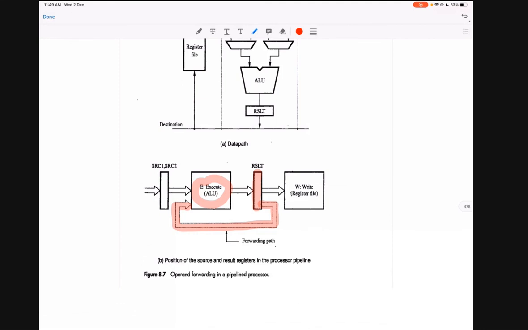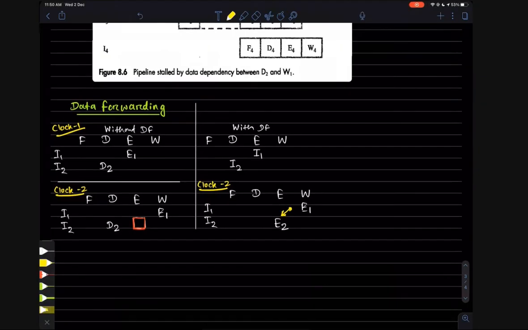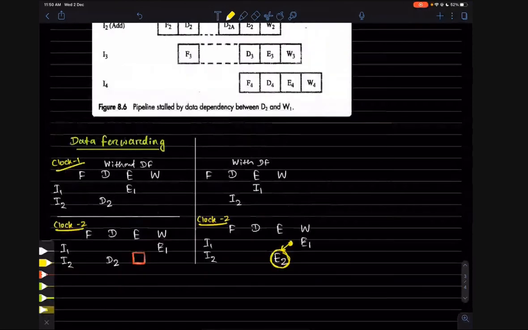Whatever data is generated here will be forwarded to the execution unit, so that the next instruction gets the data in the execution unit and its execution can start. That's what it is called, also operand forwarding.